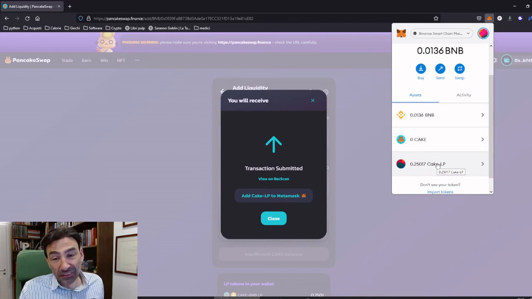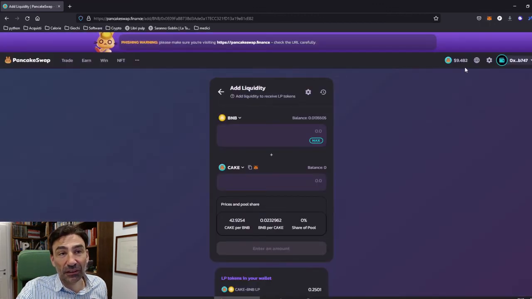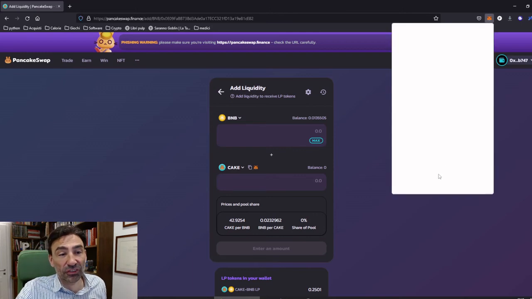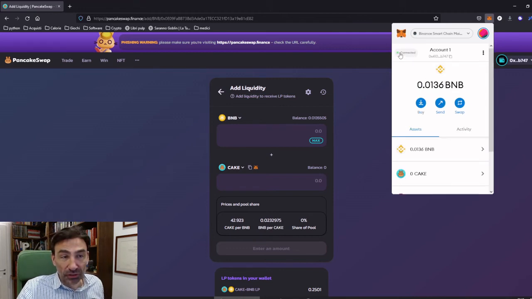So same thing here, the liquidity token not only gives you the proof that you have provided liquidity, but anybody could redeem the liquidity in my place if I give it to another person. So I could now transfer this token to another person, and I can send it, you can see, and the other person will be able to redeem the liquidity in my place. So I could sell it, or just use it as a collateral.